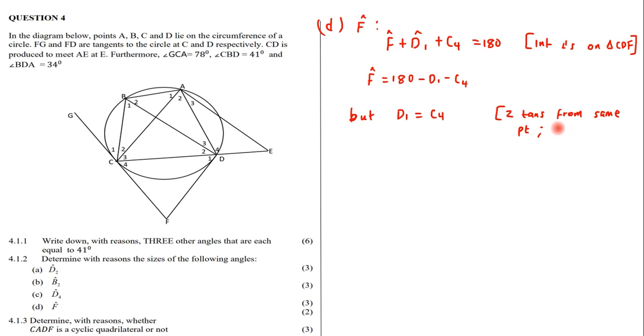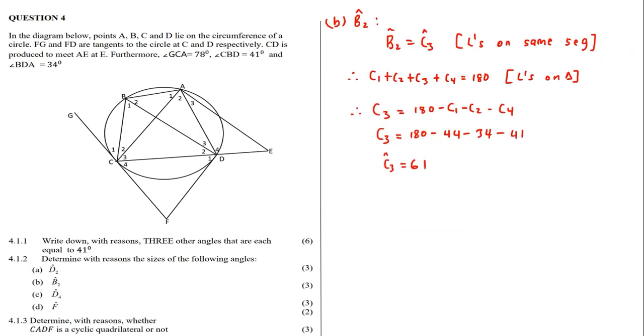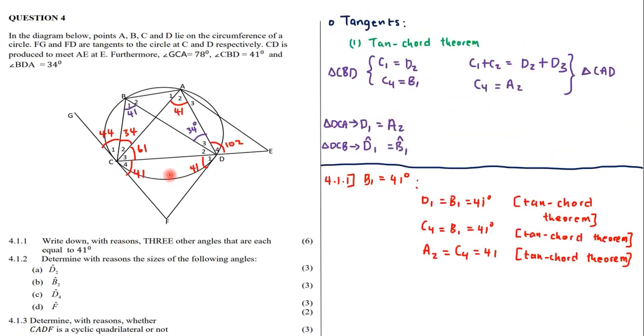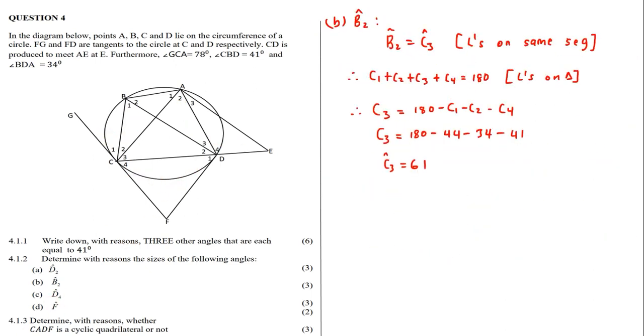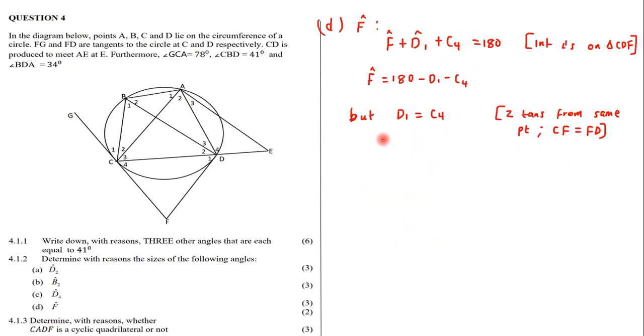Given that they are from the same point, CF equals FD. CF equals FD because both of them are tangents and they intersect there. Because they are both tangents, it means they are equal. Because they are equal in the triangle, their angles are also going to be equal, right? When you go back into the question, you will notice that we both have 41 and 41, right? Hence the theorem there.